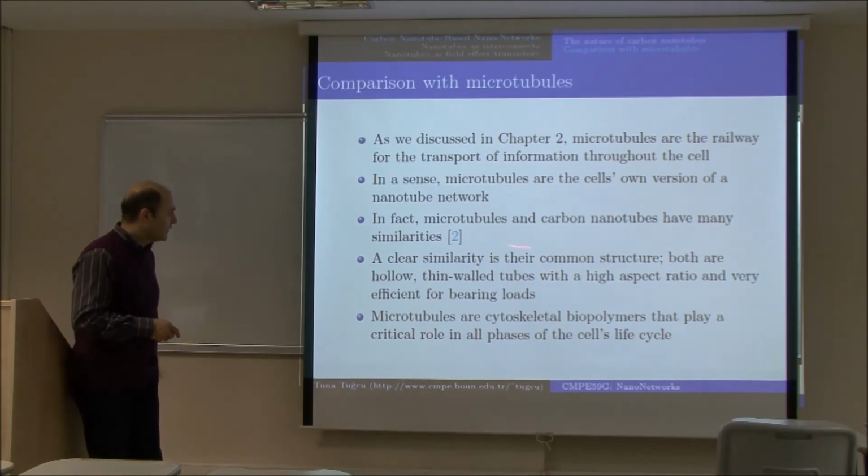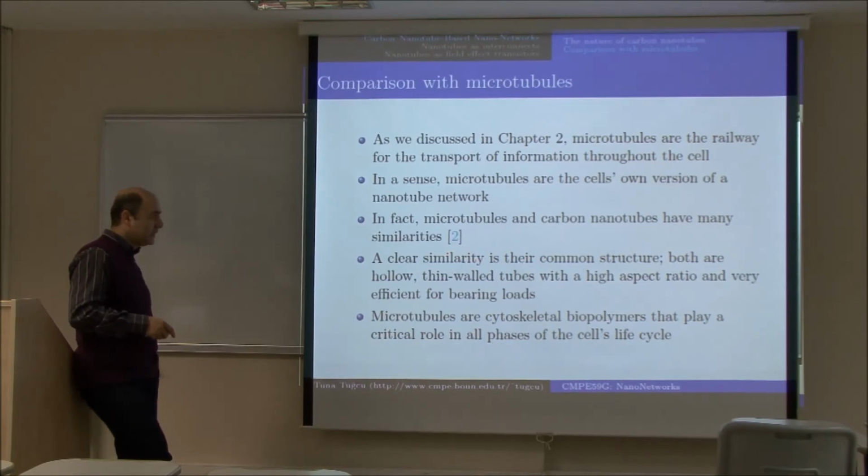So there's a clear similarity in their structure. As we said, they're both hollow and thin-walled tubes, again with a very high aspect ratio. And they're very efficient for bearing loads, for carrying things around.